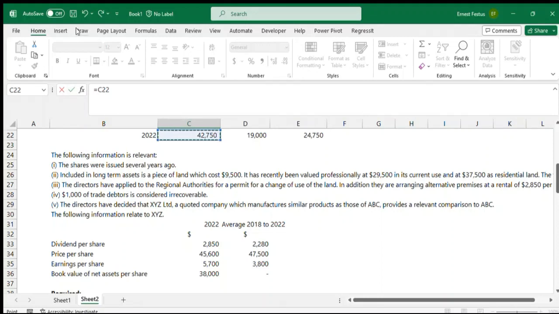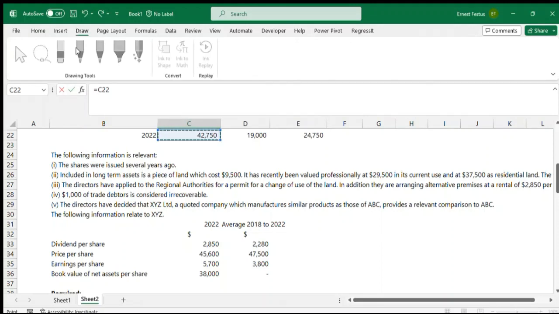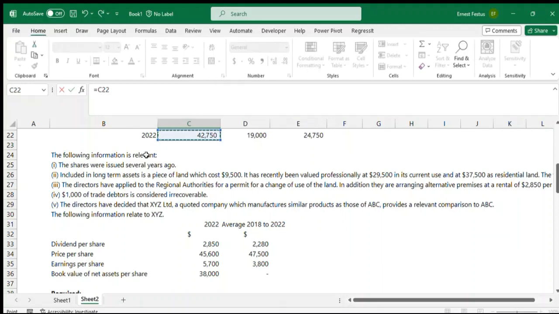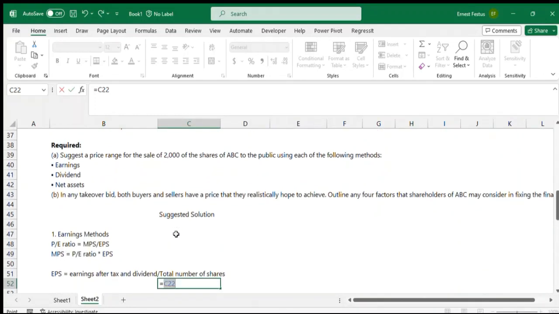Note 4 is saying that $1,000 of our trade debtors is considered irrecoverable, and so this is an expense that we need to take away from our earnings.